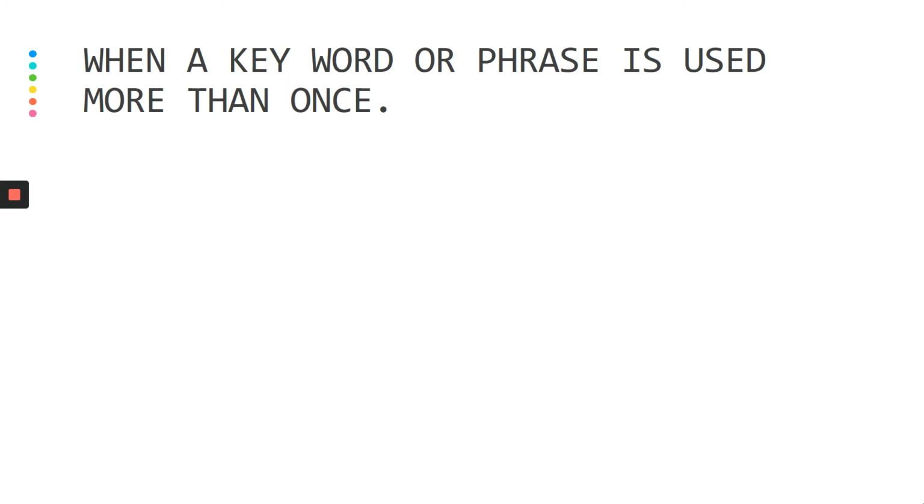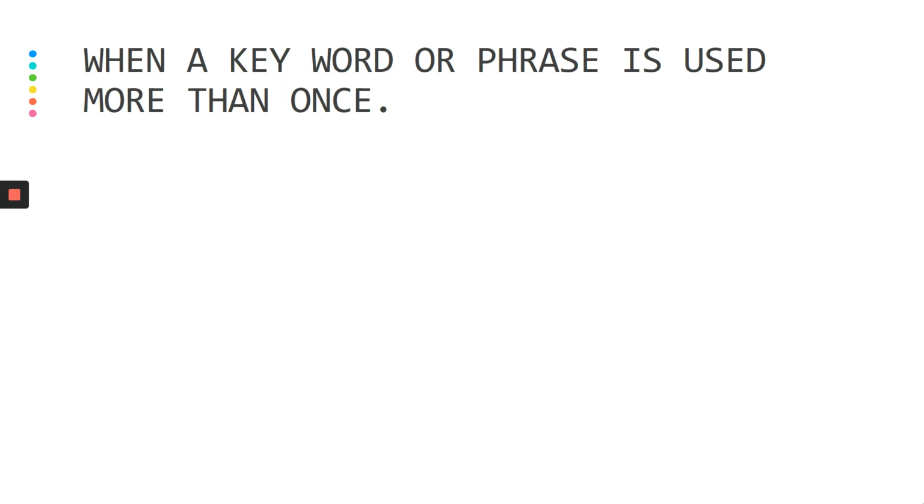So it might be a phrase that is repeated. Say for instance, you could say inspirational. And you might repeat that word, inspirational, throughout your piece of writing and have it in each paragraph in one way or another to ensure that there is a thread throughout your piece of writing.